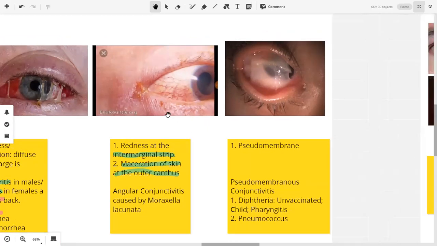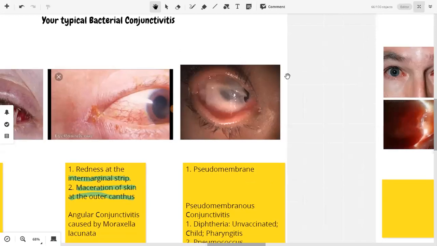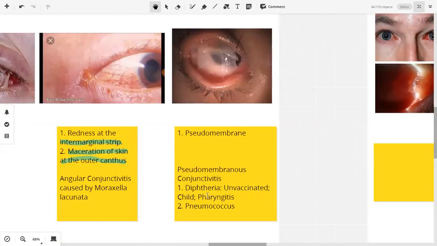Now, a third case of a patient presenting with the typical symptoms of bacterial conjunctivitis. There's a pseudomembranous formation. If our patient is a young, unvaccinated child who also has coincident pharyngitis, then our diagnosis is diphtheria.